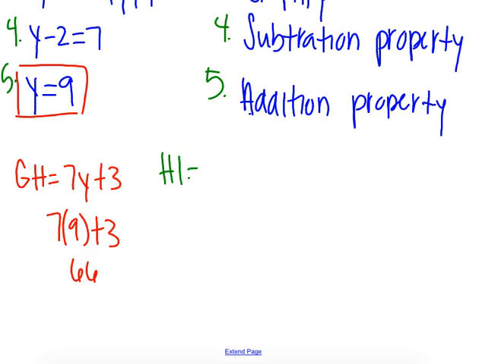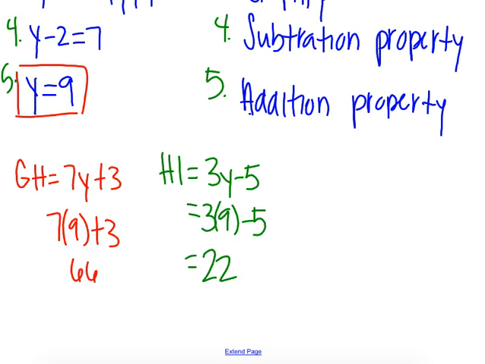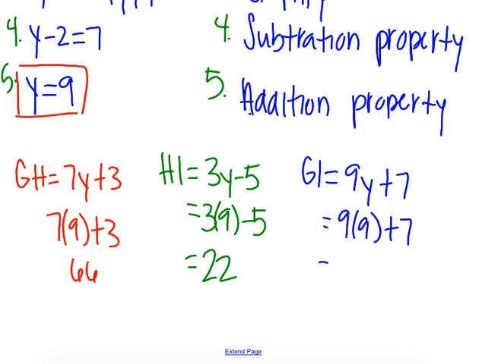HI equals 3y minus 5. Plug in 9 for y. Then I get 3 times 9 is 27, minus 5 is 22. And then lastly here, GI equals 9y plus 7. Plug in 9 for y. 9 times 9 is 81, plus 7 is 88.